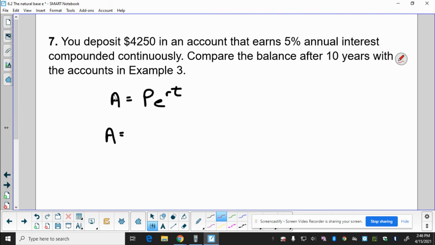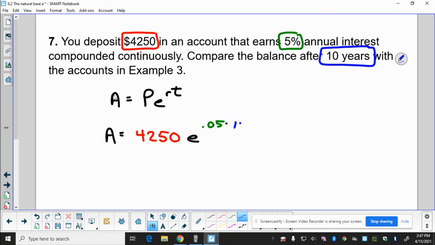My principal, $4,250. So that's in between both of these situations. My rate, 5%, so that's 0.05. And my time is 10 years, which is the same as the other example.